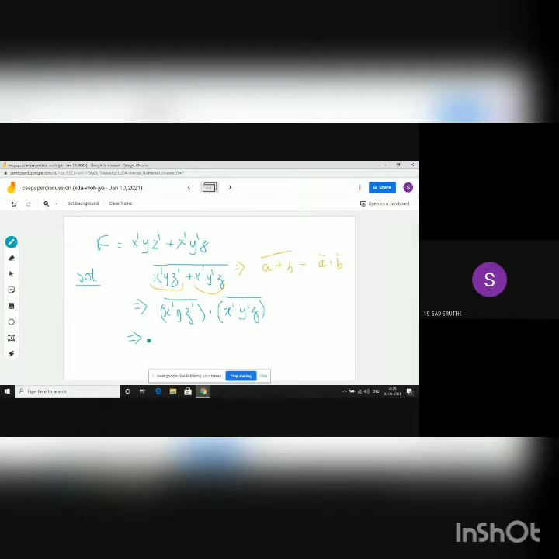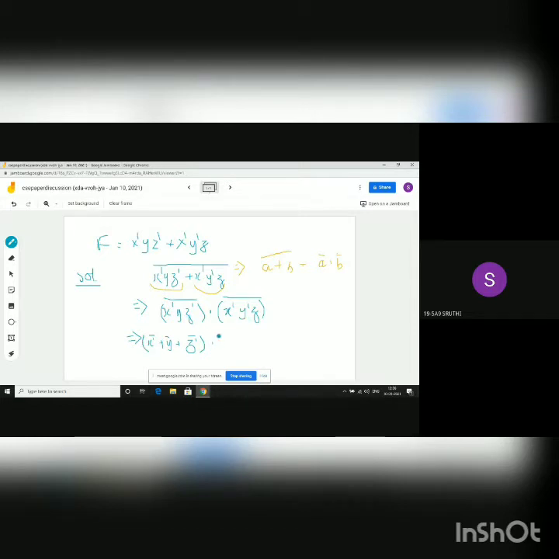Using that here, we get (x complement)'s whole complement, plus y complement, plus (z complement)'s whole complement. This bracket can be simplified this way.